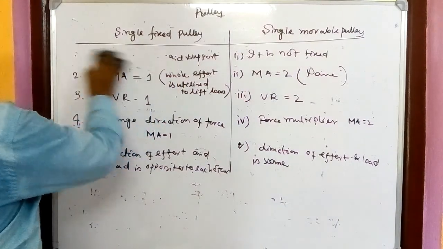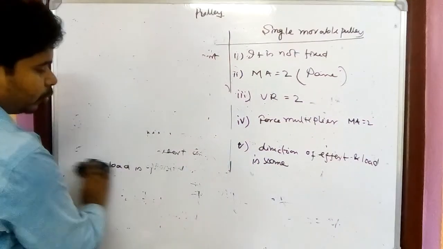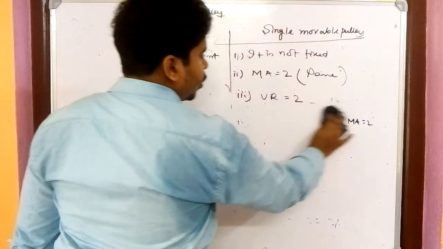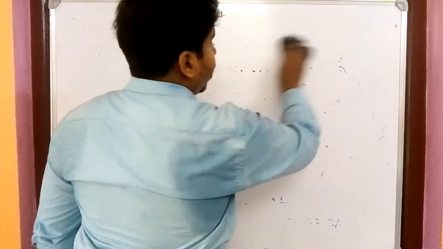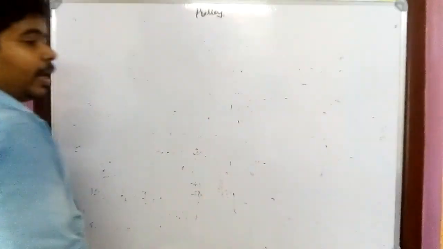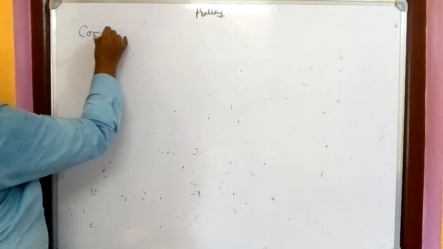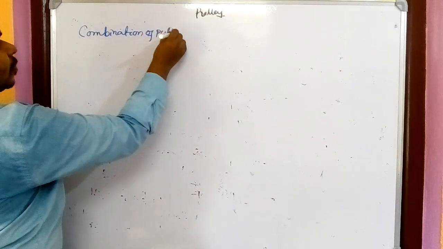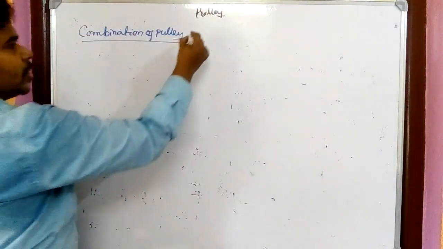Okay, combination of pulley. What is the need of combination pulley, that you have to understand. We can do our work by a single fixed pulley and a single movable pulley, but if I am talking about using a movable pulley to change the direction, then the idea has come, that is combination of pulley. And first, we have to see what is the need of it.